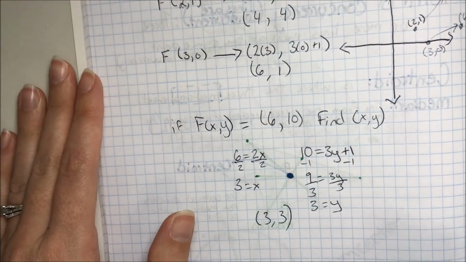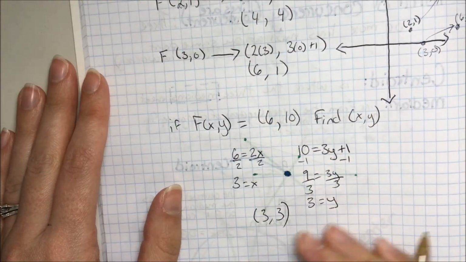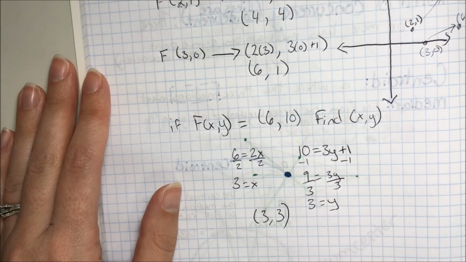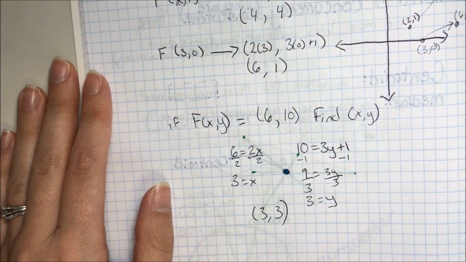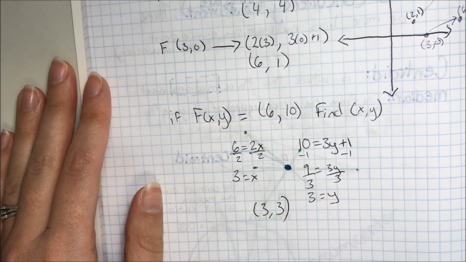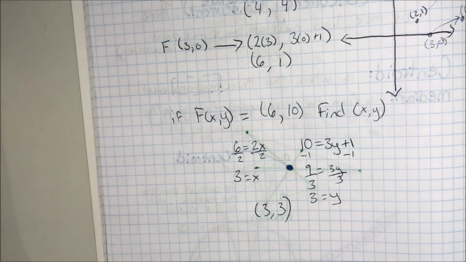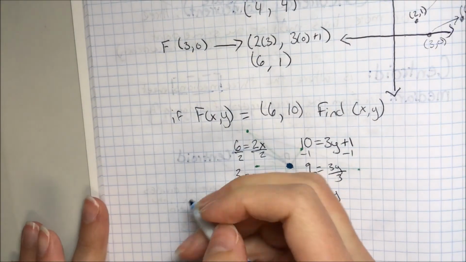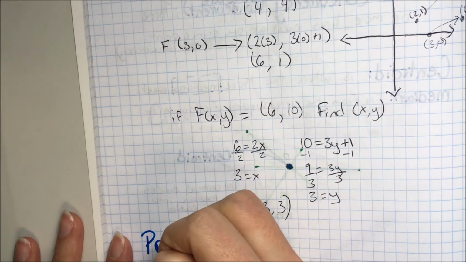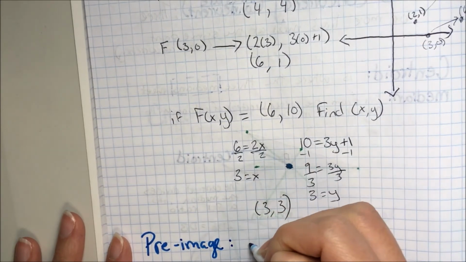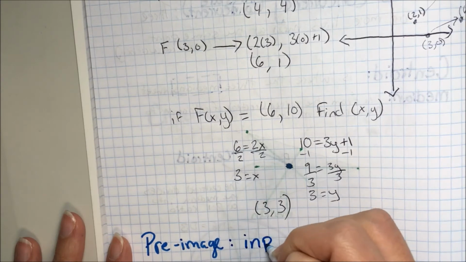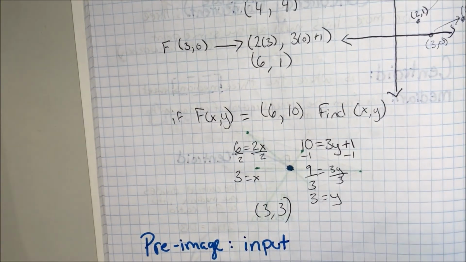Okay. So what I'm putting in, that's called my input. What I'm getting out, that's called my output. Another word for input is called the pre-image. That's the input. Okay?